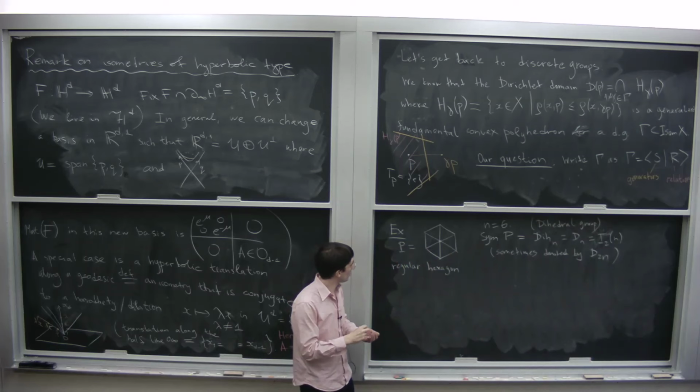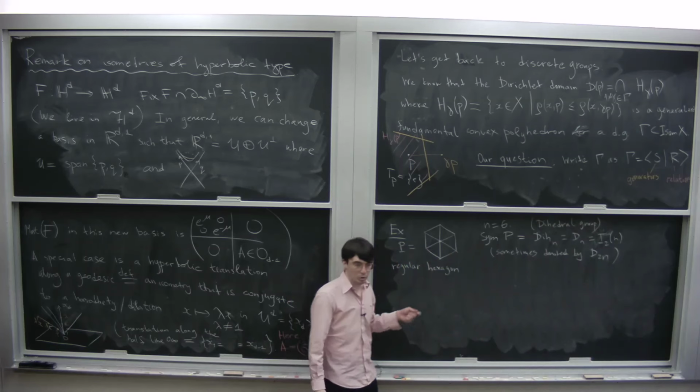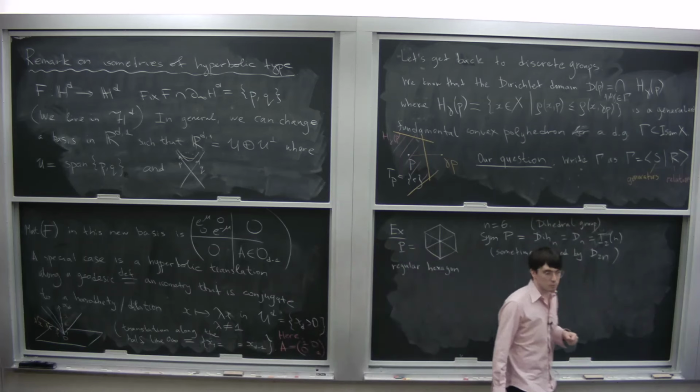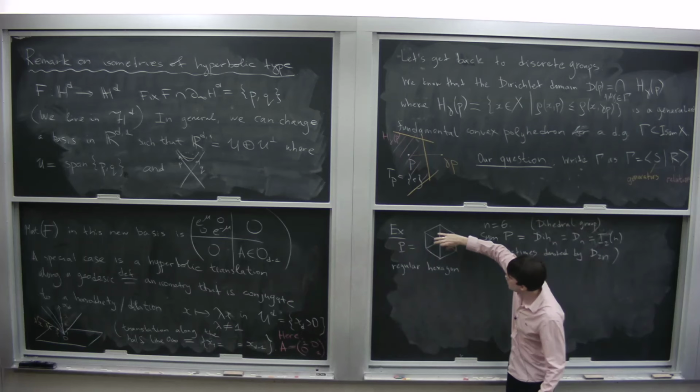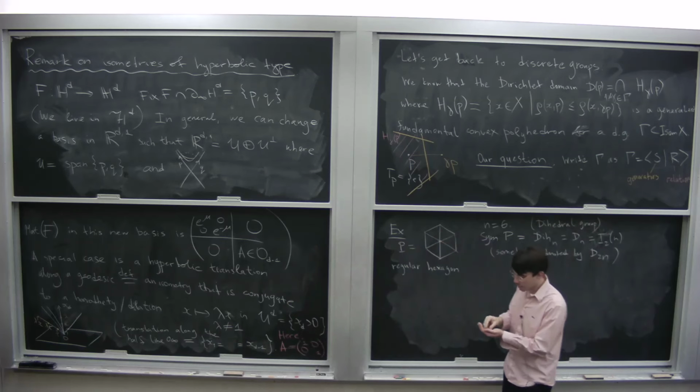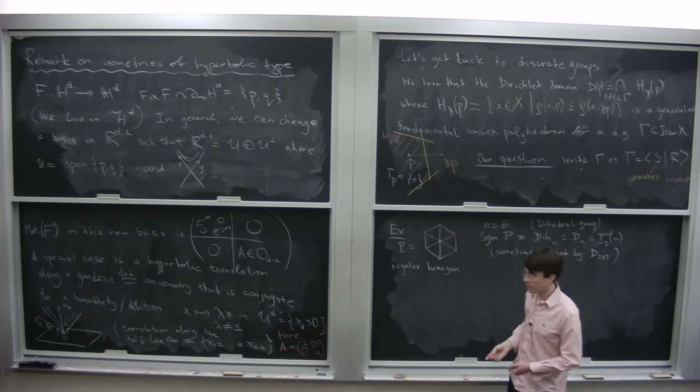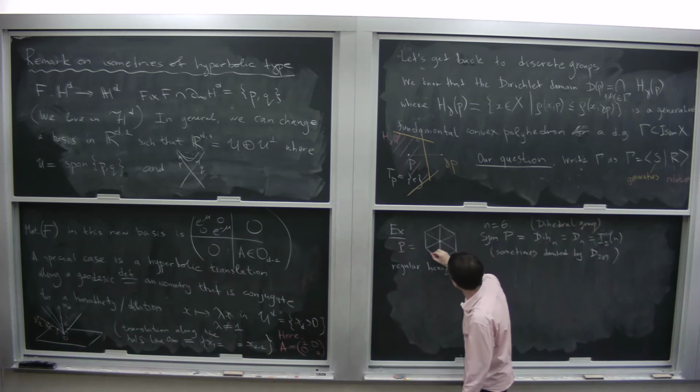In fact, we can notice that there are the following isometries in this group. We can rotate. First of all, we need to find a fundamental triangle.